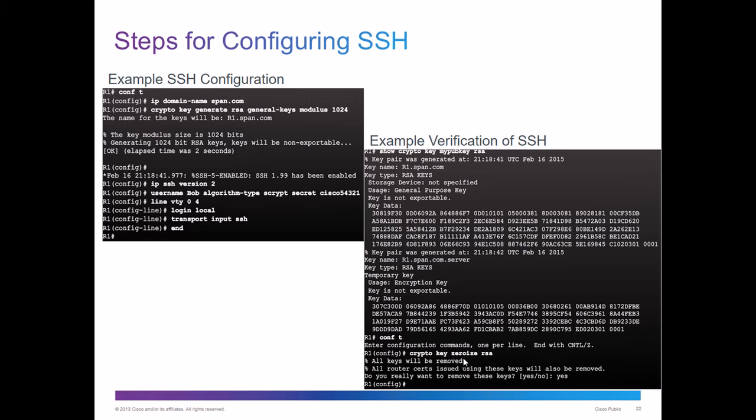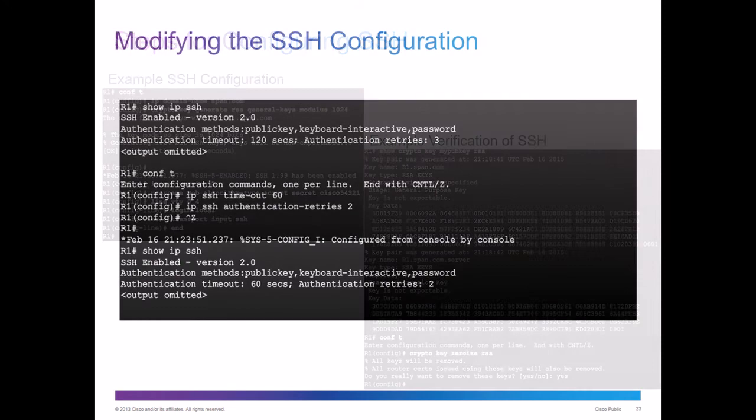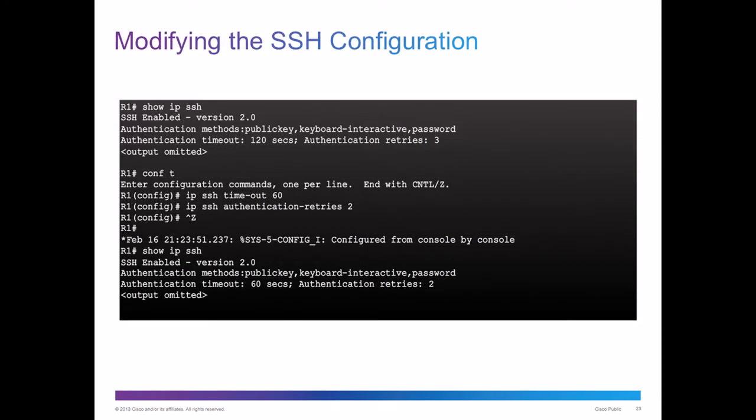Crypto key zeroize rsa means it's going to remove all the keys that are generated and held by the router. Clean it up. It's probably a good idea to do this, crypto key zeroize rsa, before you set up a new SSH configuration. All right, you can use show ip ssh to verify SSH connecting.